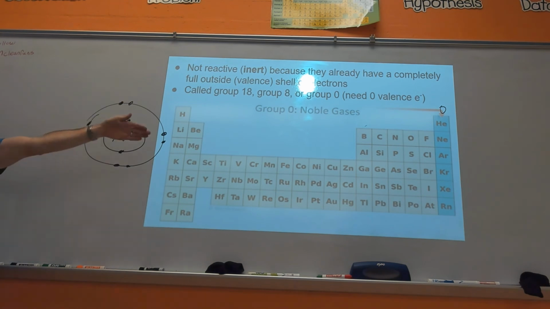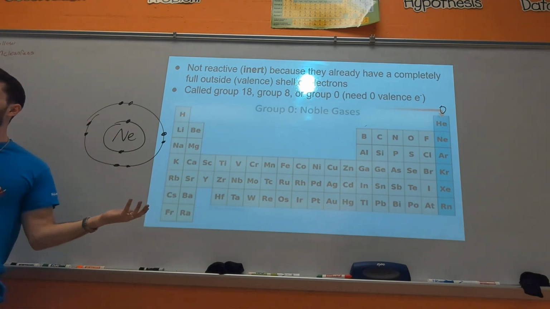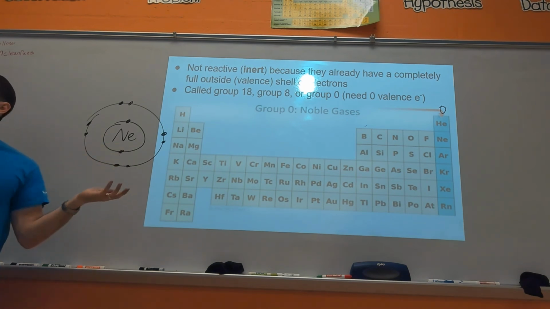Then you would have a full second shell, and it would be stable. So we say they're inert, they are not reactive, because neon is a strong independent atom. It doesn't need any electrons. It's already stable. It doesn't want to pair up with another atom or share any electrons.